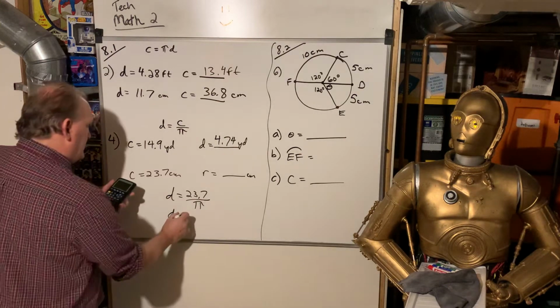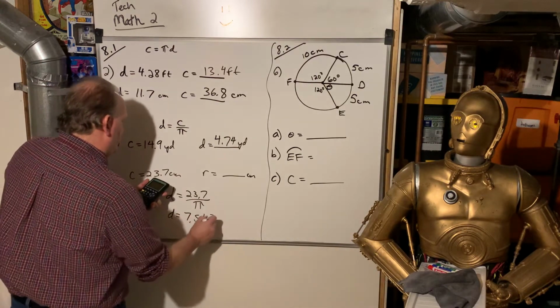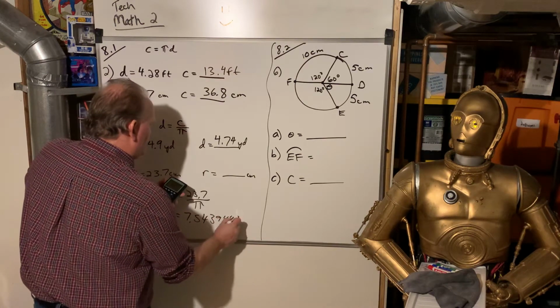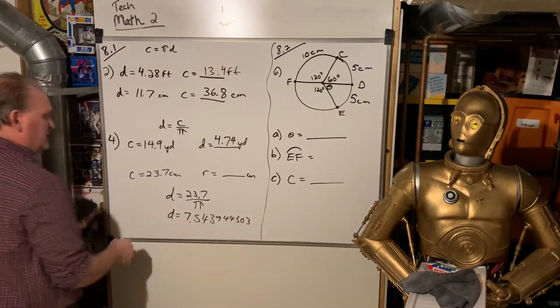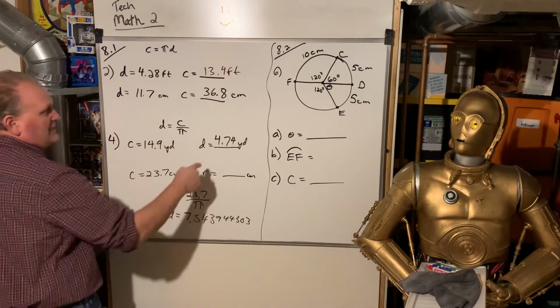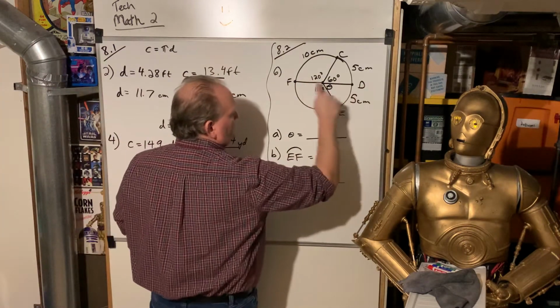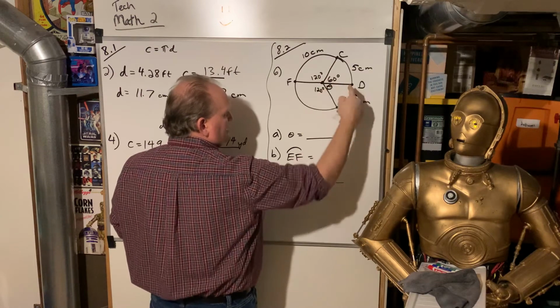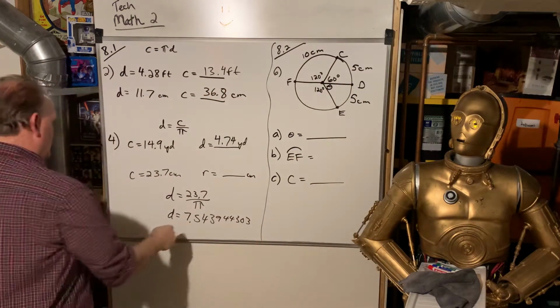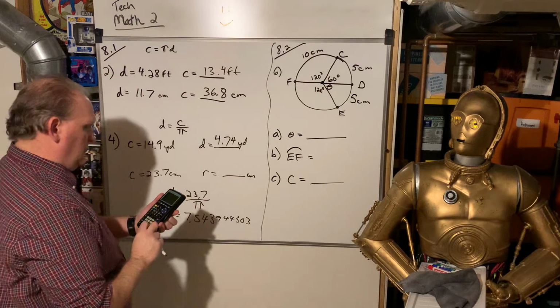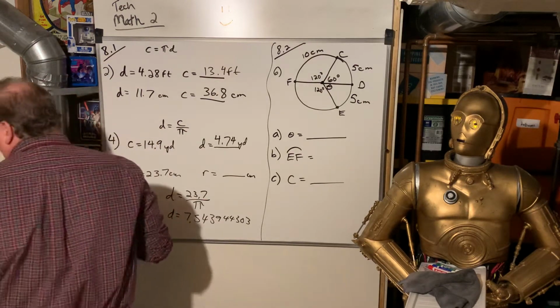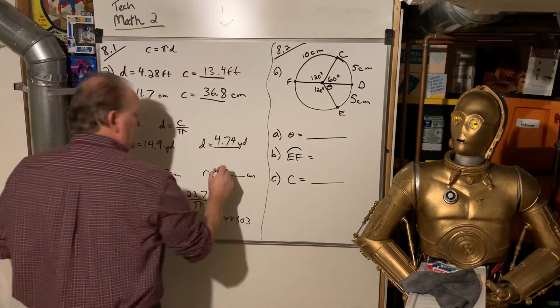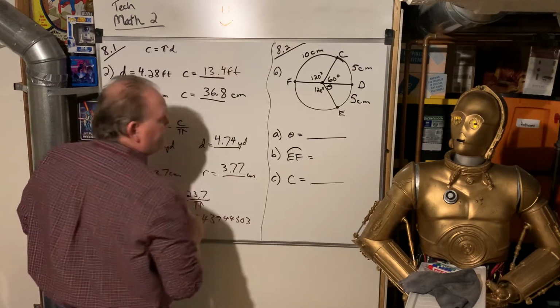So 7.543944, but we're gonna actually take that and divide it in half because diameter went all the way through from one end of the circle to the other through the center, and radius is always gonna be half of that. So just divide that by 2, and that's 3.77. And that's in centimeters, okay?